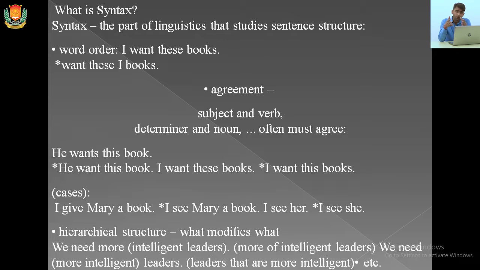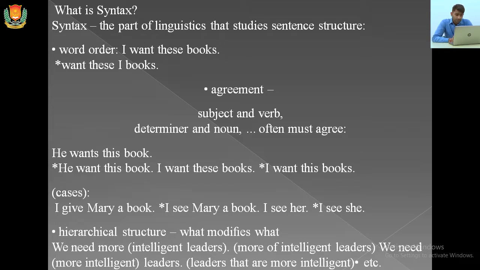Because all the verbs are in their plural form without s or es. That's why we add s or es to make it singular in the present indefinite tense. That's why with all singular nouns, all singular subjects, we add s or es to the verb. So these kinds of rules we study under the title syntax.